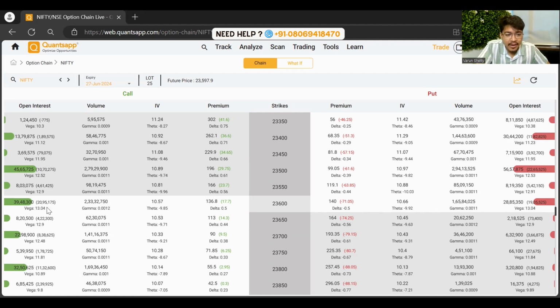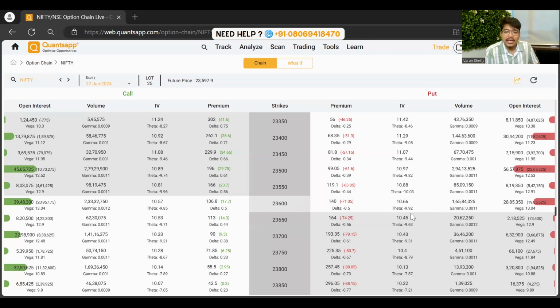Then we have Vega. Okay, Vega is nothing but the change in premium with respect to the change in implied volatility, or IV. So implied volatility always works as a percentage number. This number is nothing but a percentage number. It is showing you the annualized expected move, right?